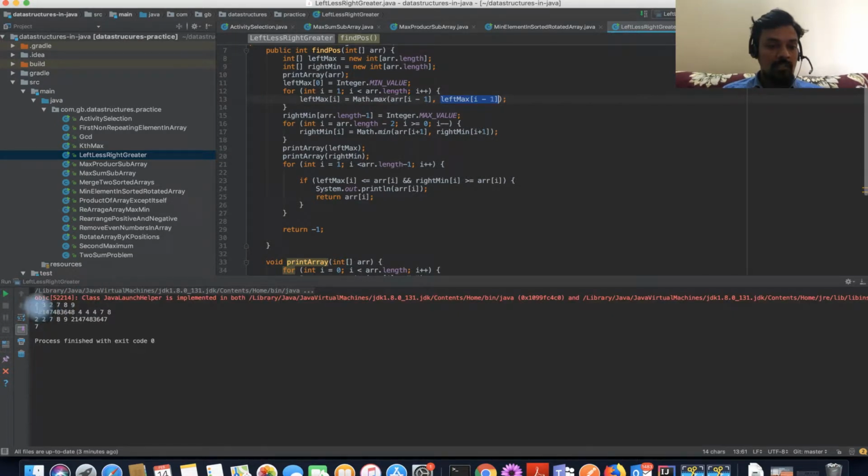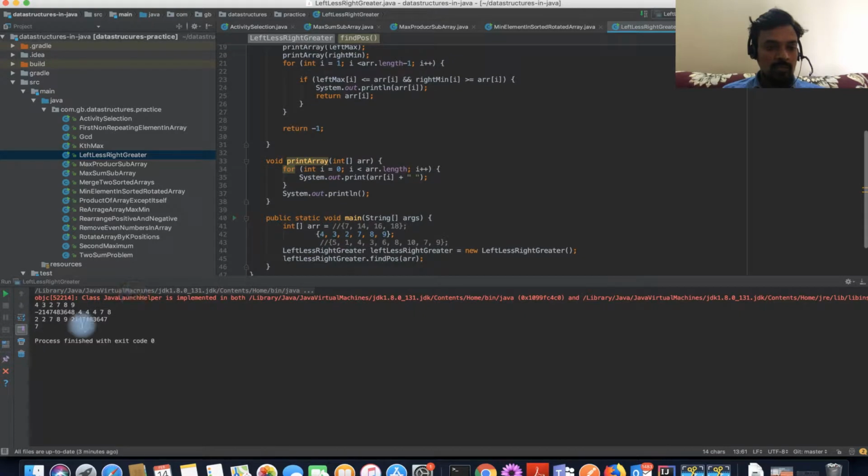If you see the array, which is 4, 3, 2, 7, 8, 9, and we calculate the left max of the second position, it is Math.max of 4 and Integer.MIN_VALUE, which is 4.